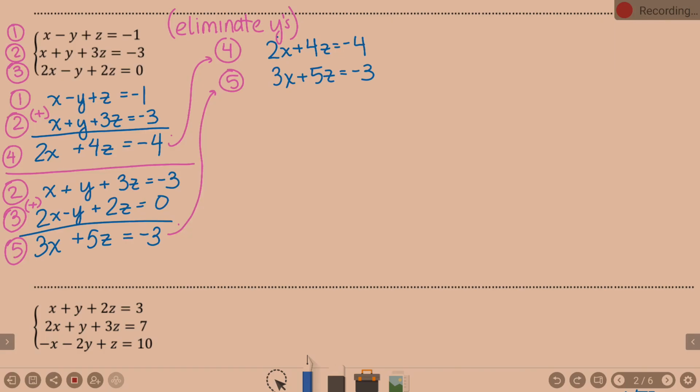Now, thoughts on where to proceed from here? I was going to say we should just combine them. What do you mean combine them? Do the same thing we did with 1 and 2 and 2 and 3, go with 4 and 5 and see what you get.